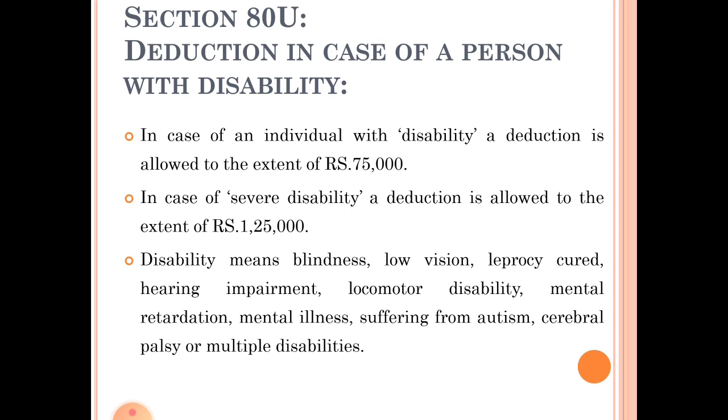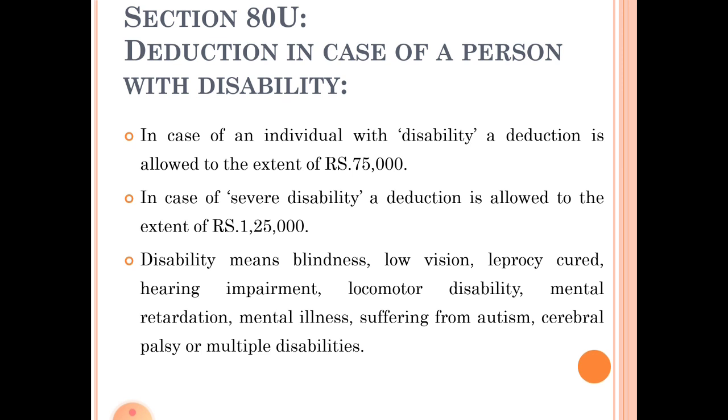In case of an individual with disability, a deduction is allowed to the extent of rupees 75,000, and in case of severe disability, a deduction is allowed to the extent of rupees 1,25,000. Conditions and rules are the same for both deduction 80DD and 80U, but the person who is claiming the deduction is different.